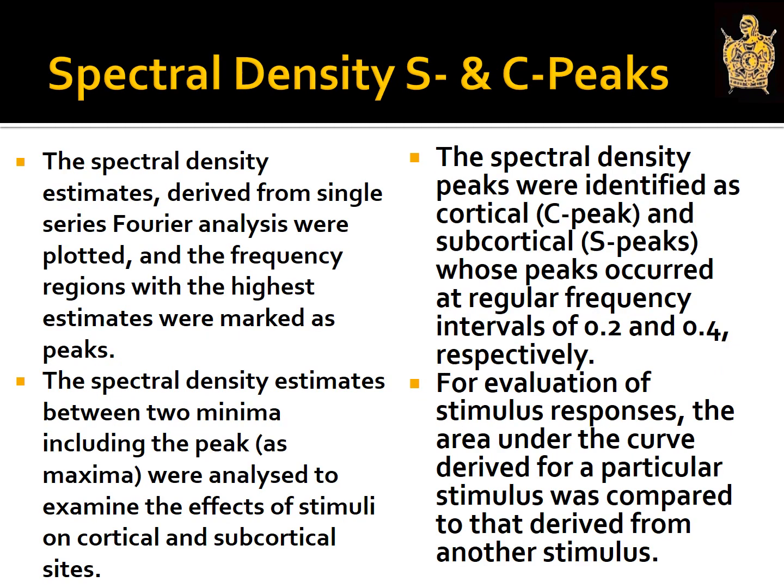We then plotted the spectral density estimates, which showed the frequency regions with the highest estimates, and they were marked as peaks. The cortical C peak occurred at a frequency of 0.2, and the subcortical S peak occurred at a frequency of 0.4.